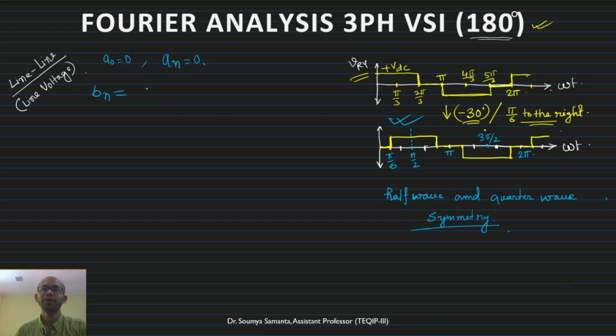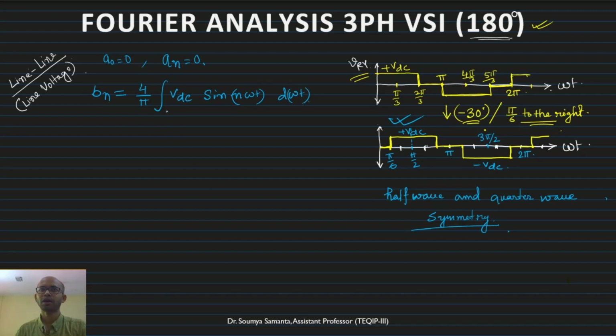So what is bn? bn equals 4 by pi times the integration of vdc, that is, the value plus vdc and minus vdc, times sine of n omega t d omega t.